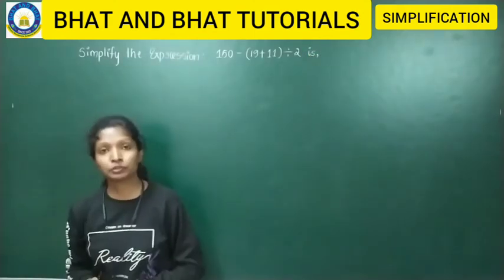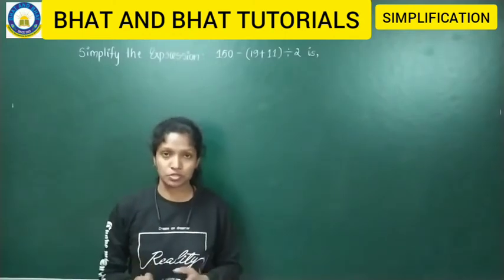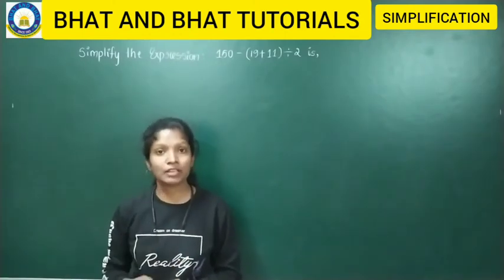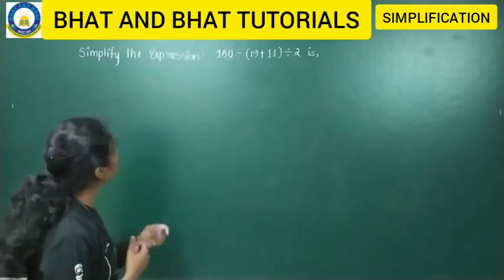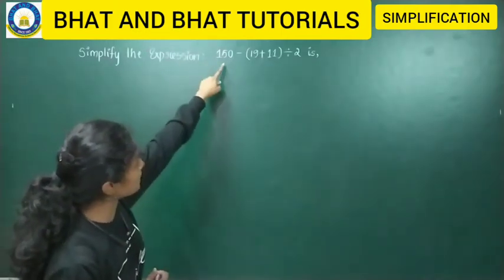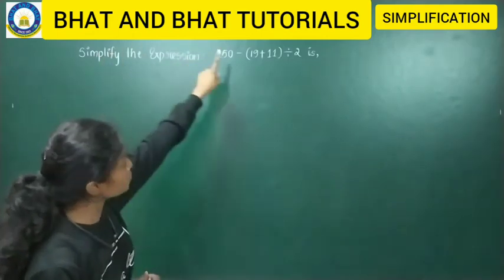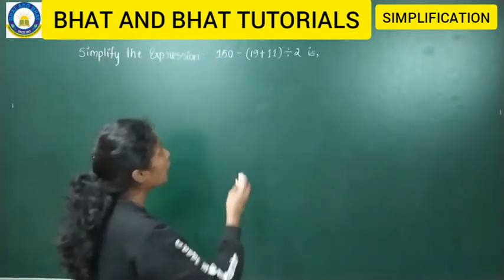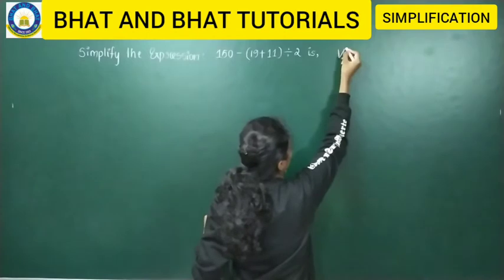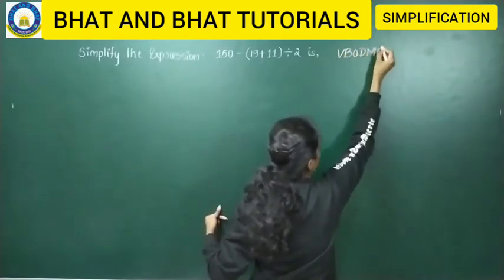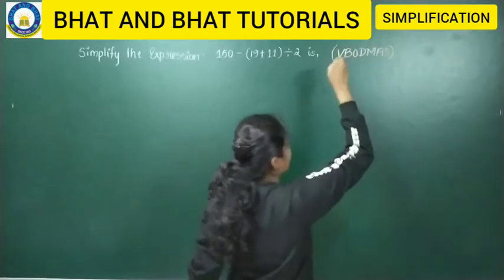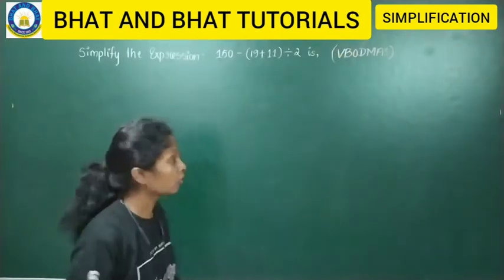They have given you one expression, and you should simplify that expression. How will you simplify it? See here, this is the expression. As we know, with the usage of the rule of VBODMAS, we will be simplifying this particular problem.